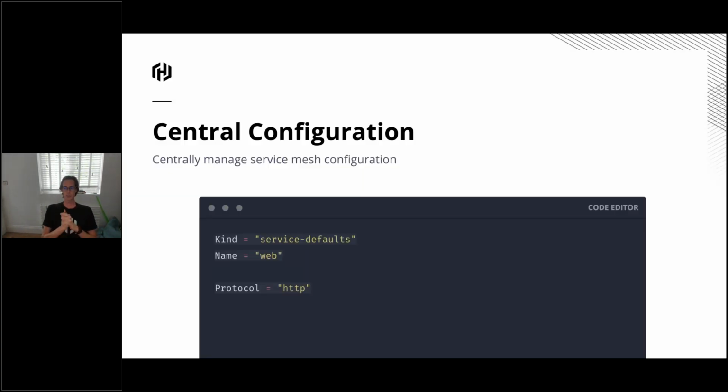And a new feature which we introduced, I think it was version 1.5, I could be wrong, is the concept of being able to manage the service configuration. Much of the configuration around protocol and things like that you can put in the service definition, but we've created this concept of central configuration, which means that any configuration defined in central config, so for example, this service default, when I start a service with the name web, it will automatically inherit any of this configuration.